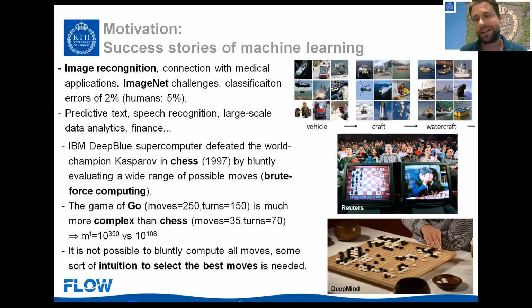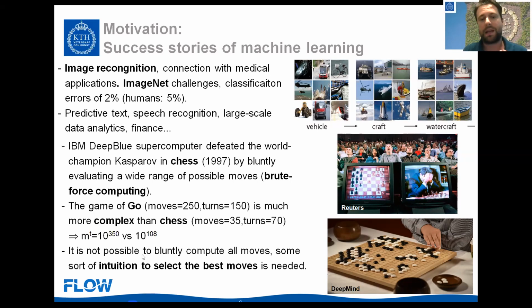The complexity of a board game can be measured in terms of the number of possible moves in one turn and the average number of turns of a typical game. One can estimate the complexity by taking the number of moves and raising it to the power of the number of turns. If we do this operation, we can see these two numbers here. Of course, the complexity of Go is many orders of magnitude larger than that of chess.